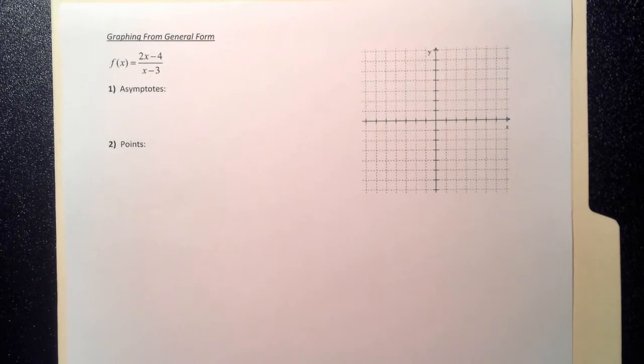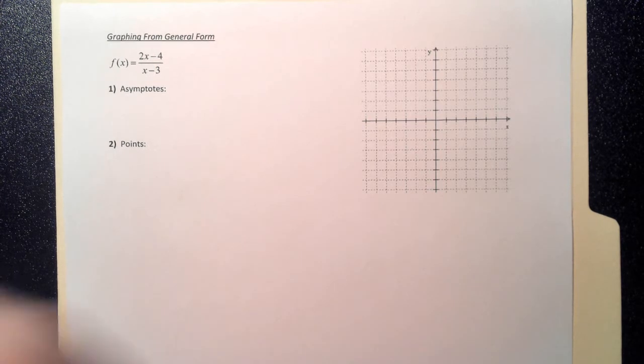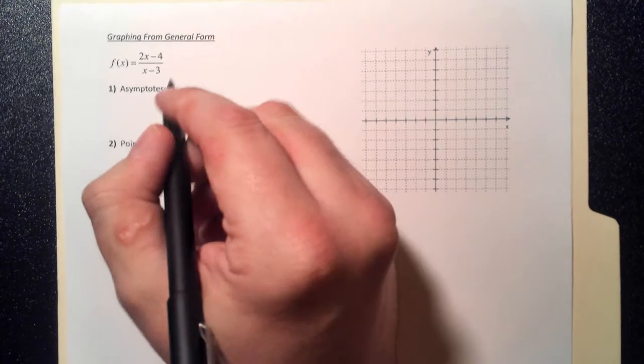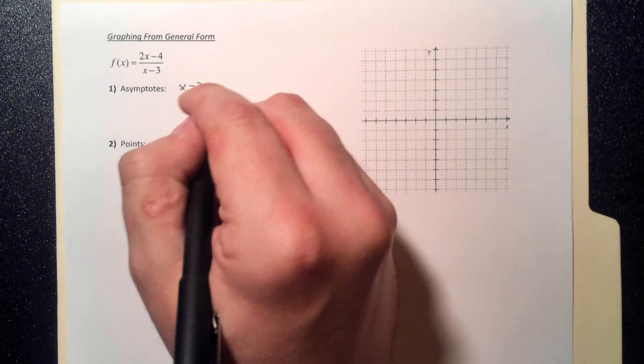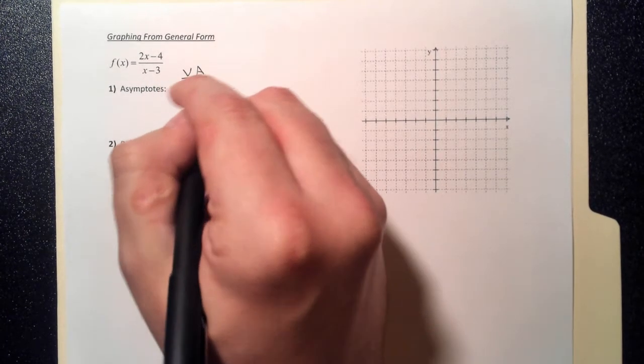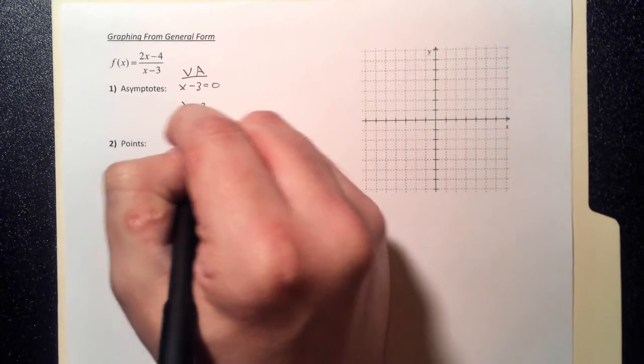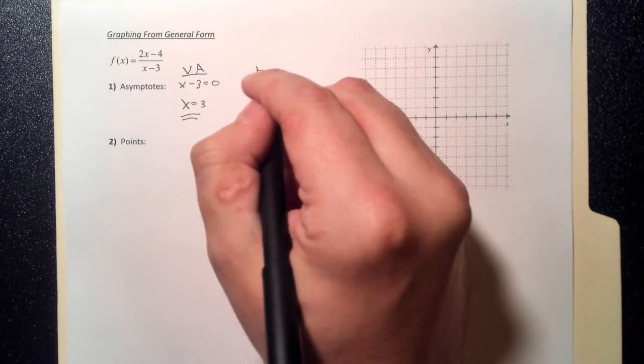So here, I have f of x equals 2x minus 4 over x minus 3. Step 1 is to figure out my asymptotes. So I can say x minus 3 equals 0, which means my vertical asymptote is x equals 3.